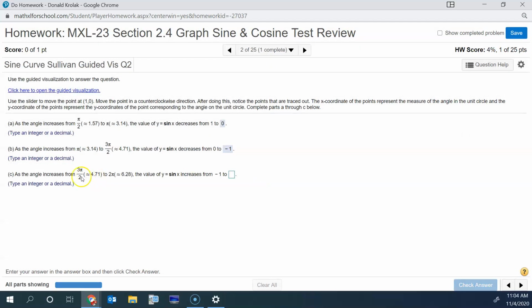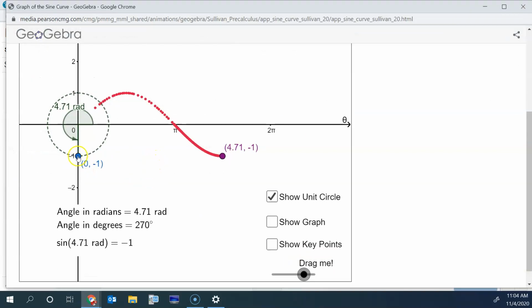And then the last part is what happens when you go from 3 pi over 2 to 2 pi. There we are, that's 3 pi over 2, and now I'm going to move it to 2 pi.